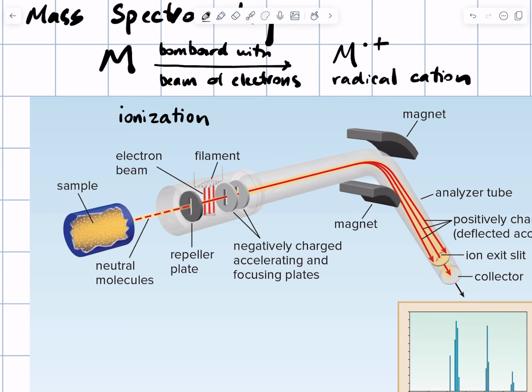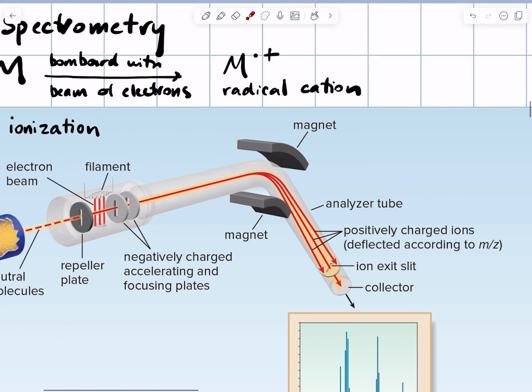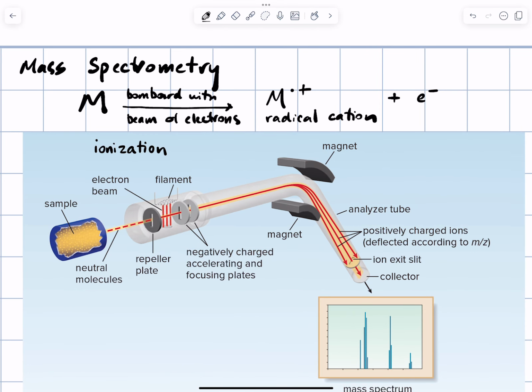It's the radical cation because we're basically assuming most molecules that we can isolate have an even number of electrons. And so if you lose one electron, you now have an odd number of electrons, and one of the electrons is unpaired. It's a cation because you used to have the same number of electrons as you had protons in your nuclei, and the molecule was neutral. Now you've lost one electron, so overall you're positively charged. Okay?